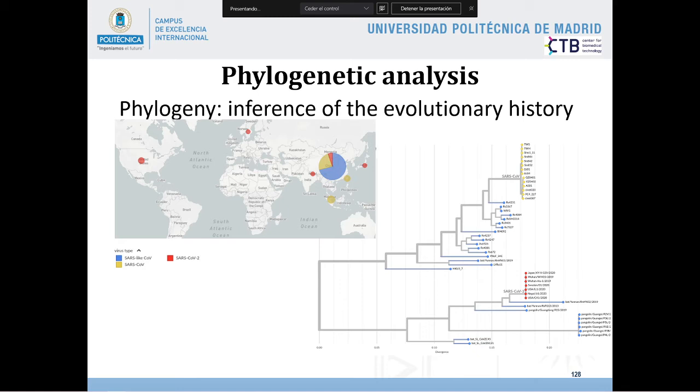Here you can see an example with coronavirus, first with SARS-CoV, the first one that we studied, before all this pandemic, and then the relationships with SARS-CoV-2, the one that we have now, and the different sequences in different places.